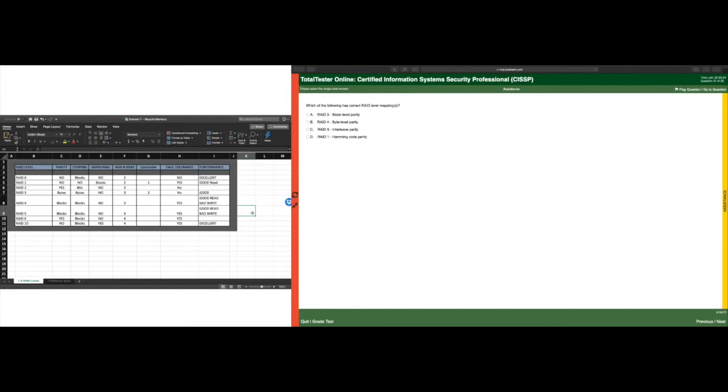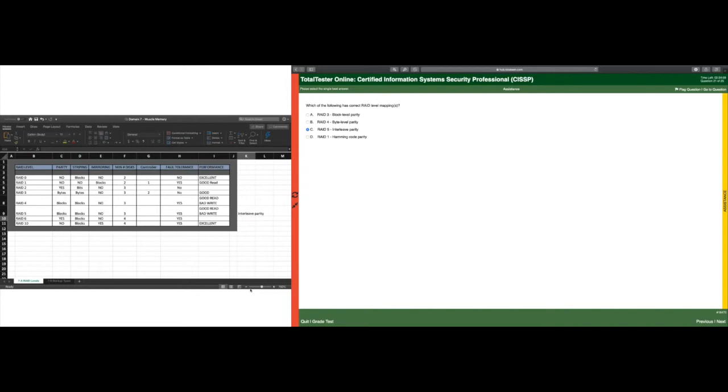RAID 1, I don't list anything about Hamming code, and RAID 5, I don't list interleave parity, but I'm going to write that in there just in case this is right. I just have block parity, but we'll see.